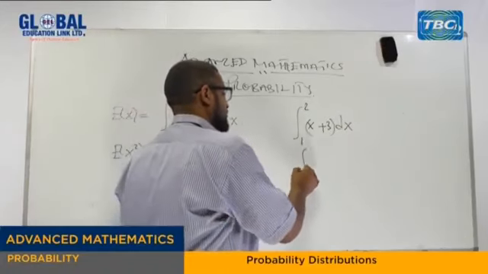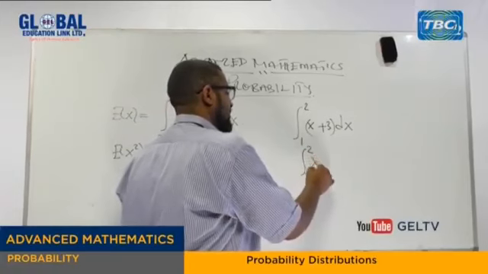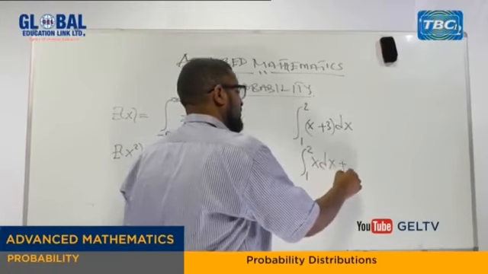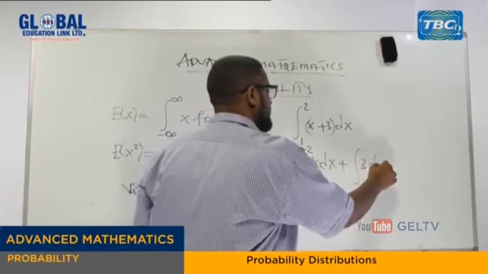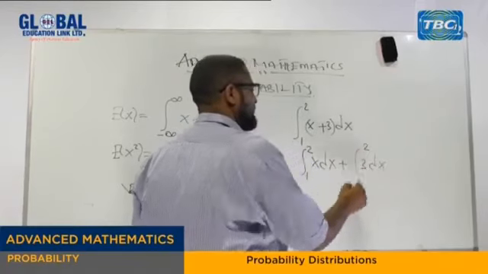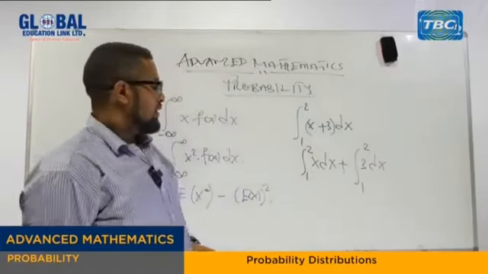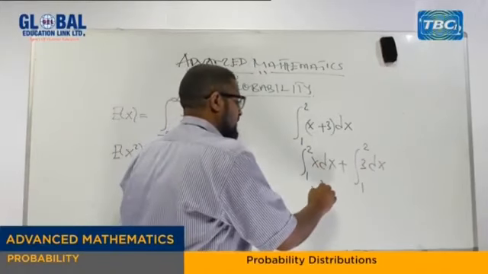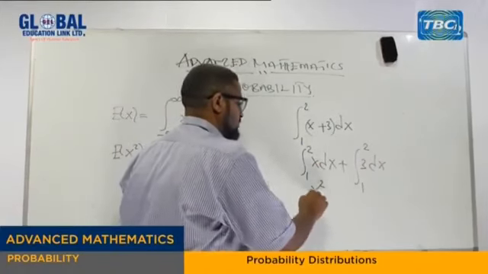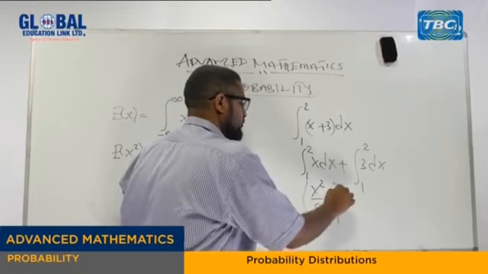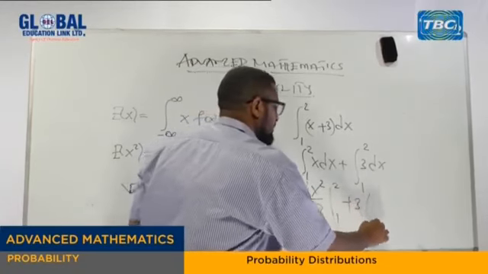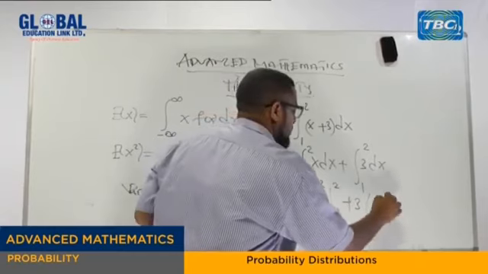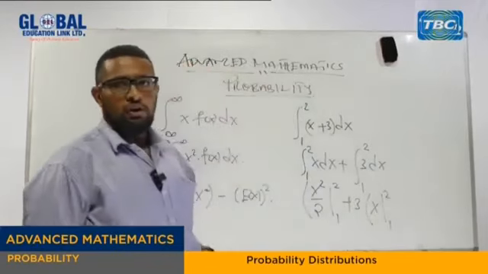So the integral from 1 to 2 of x dx plus 3 dx from 1 to 2. As you know, when you integrate, this one becomes x squared over 2, then from 1 to 2, plus 3x from 1 to 2.